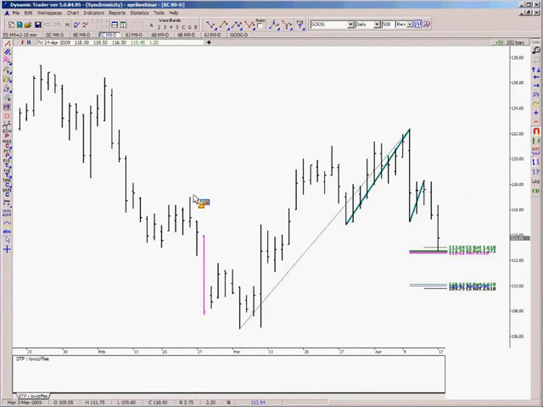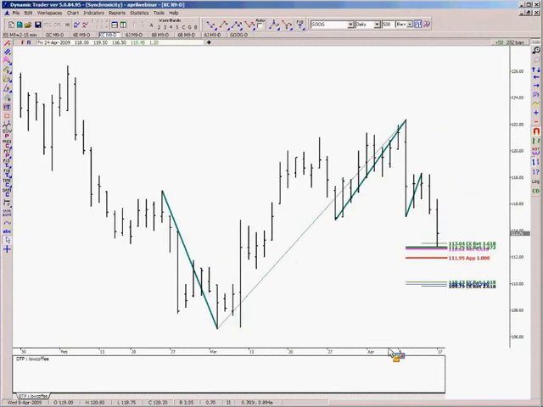And then there's a projection that I can do from 3 points, comparing swings in the same direction. So I'm going to take the projection tool and run 100% of the high to the low, projected from the high. Okay, and you see that that came in at 111.95. And I see one more projection that I can run.